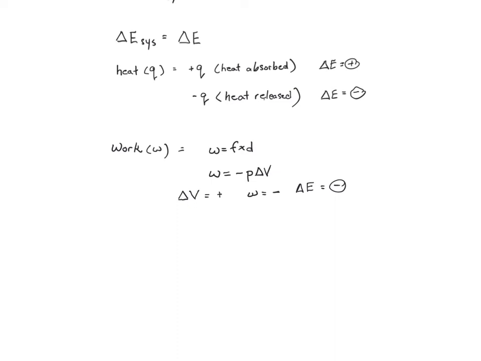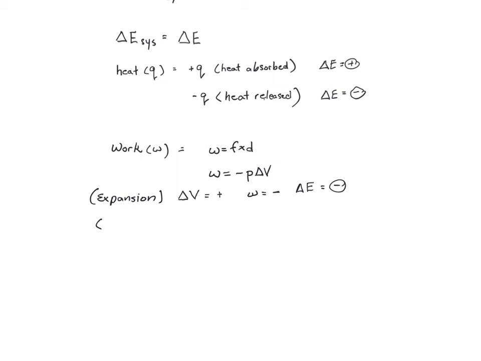Okay, now when we have something that is producing a gas, we say that it's undergoing expansion. It's pushing back against its surroundings. So when we say that the system is doing work on its surroundings, what we're saying is that the system is expanding and pushing back on the surroundings.